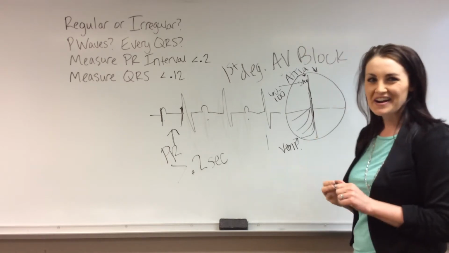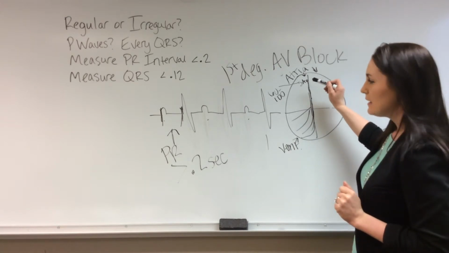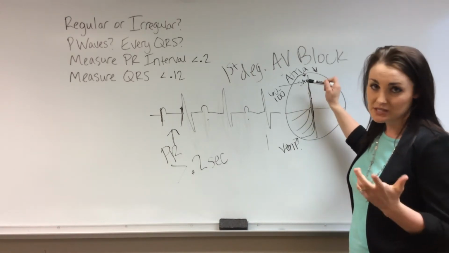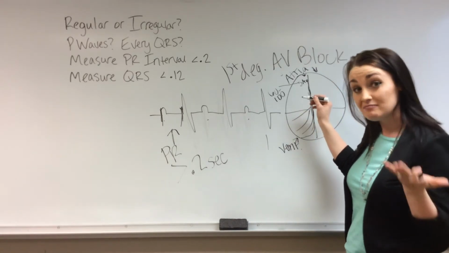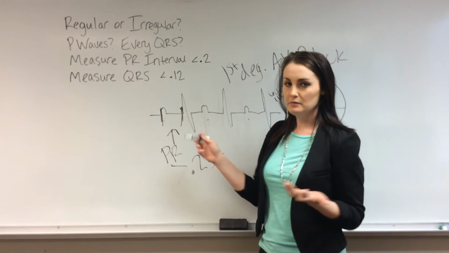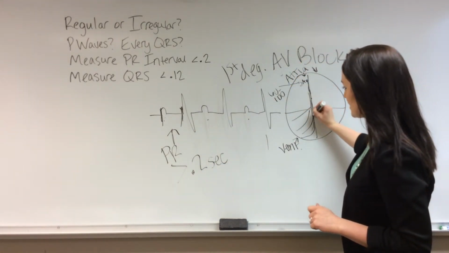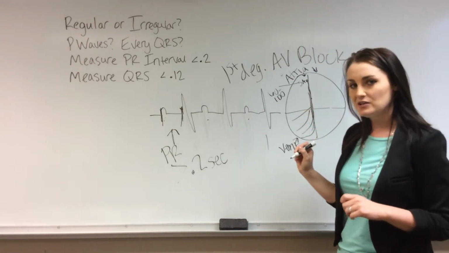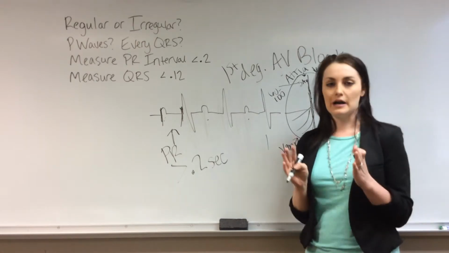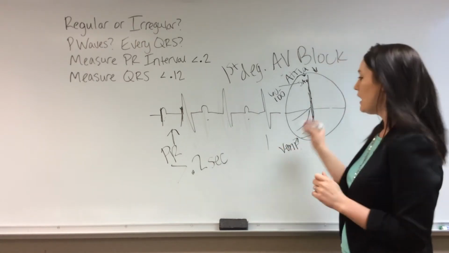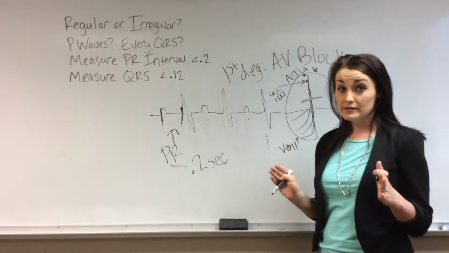So back to our beautiful picture of the heart here. We have the impulse originating from the SA node, just like it should. We have the atrial depolarization, the atrial contraction, depicted by the P wave. But as it comes down and travels past this AV node that's along the septum, there's a blockage. And so the block that's maybe right here is slowing down the impulse.